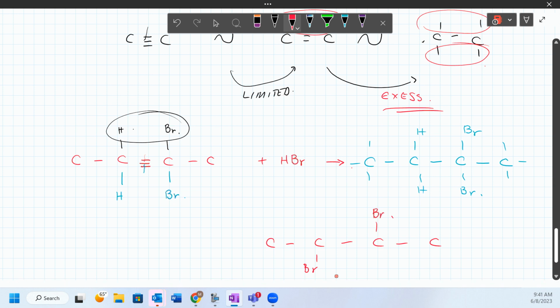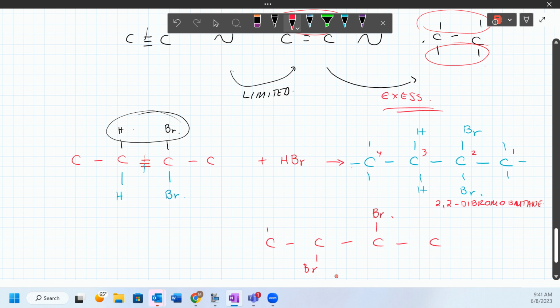Okay, so this is the same compound, the same molecular form of the hydrocarbon, but it is an isomer form of it. Because in this case, what you will have is 1, 2, 3, 4, and then you will go 2,2-dibromobutane.